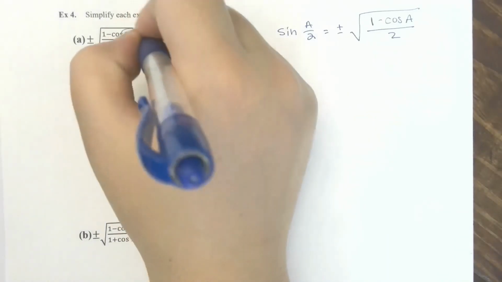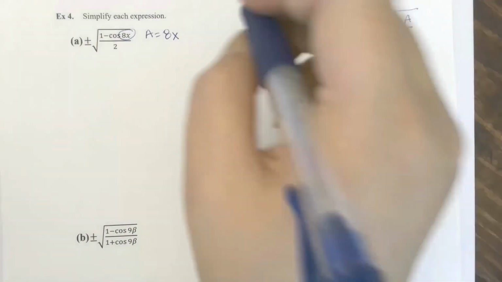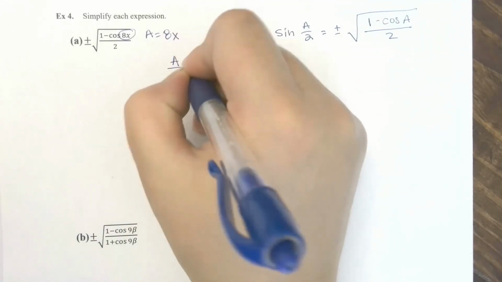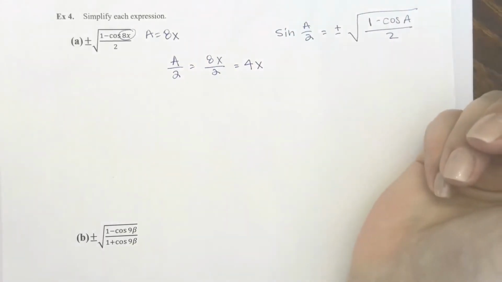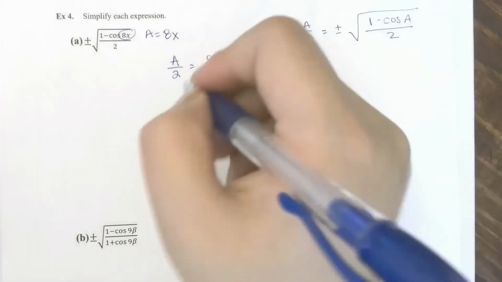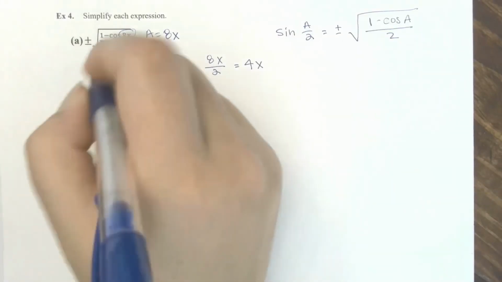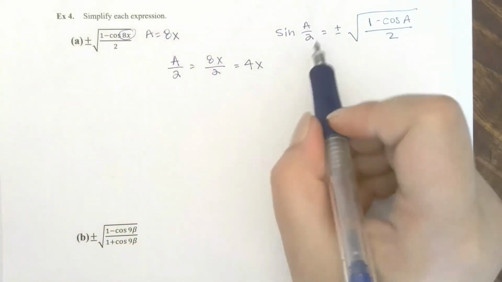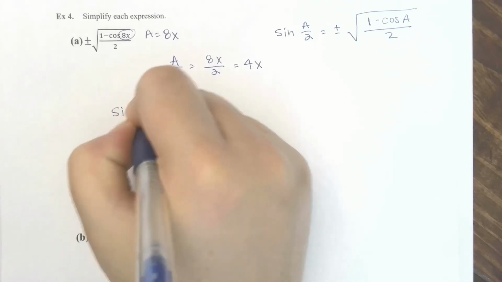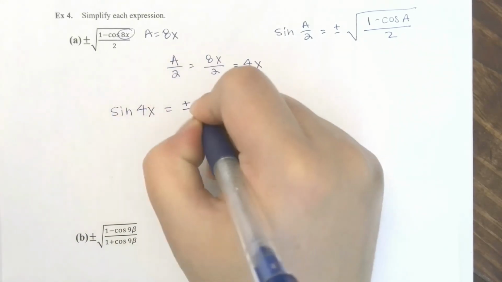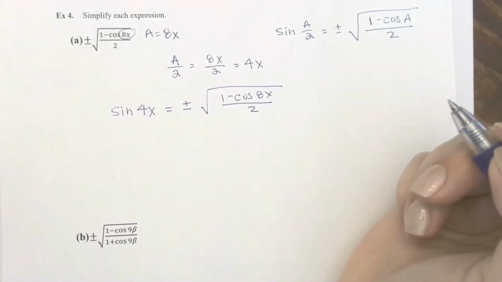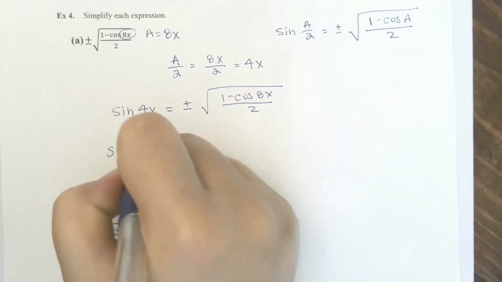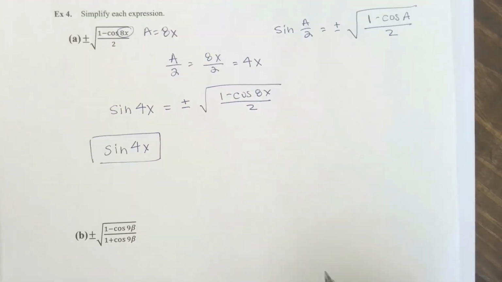Notice that A is equal to 8x, so A over 2 would be 8x over 2, which would be 4x. So A over 2 is 4x. That means that sine of A over 2 is going to be sine of 4x, which is equal to plus or minus the square root of (1 minus cosine 8x) over 2. So our answer here would be sine of 4x.